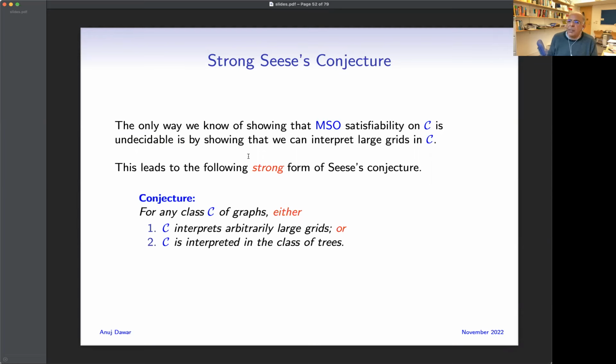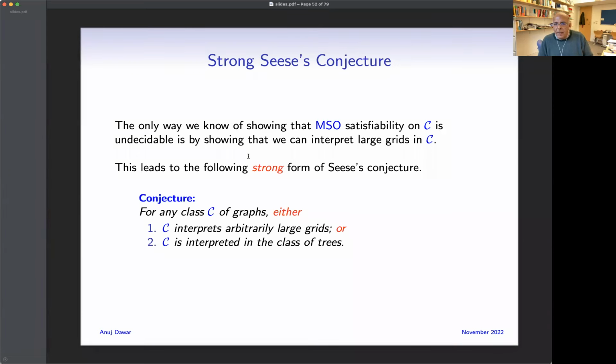Okay, and formulated this way, it bears a sort of family resemblance to the famous excluded grid theorem of Robertson and Seymour, in graph structure theory, which says that a class of graphs has bounded tree width if and only if it excludes some large grid as a minor.